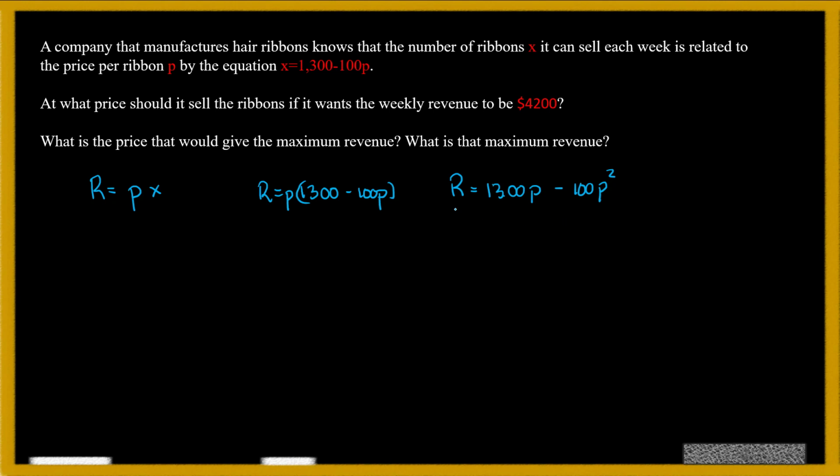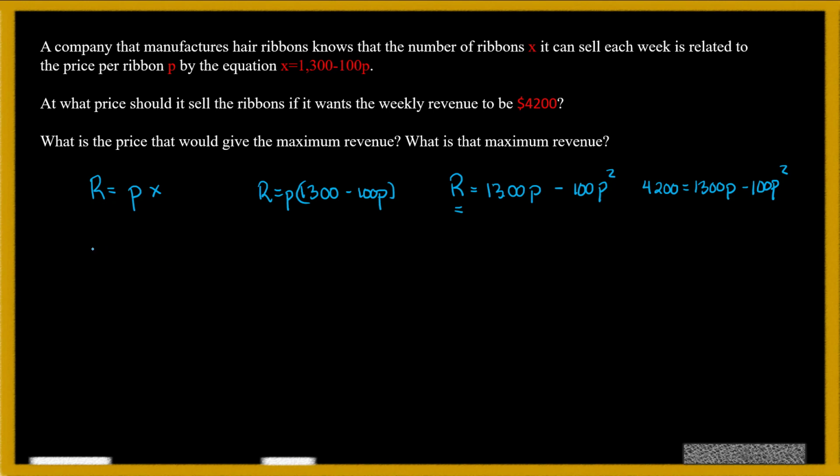So we want to find a weekly revenue of $4,200. So I'm going to replace the R, the revenue, with $4,200. And again, that's equal to 1300P minus 100P squared. Now let's rearrange this so that we can solve it in quadratic form.